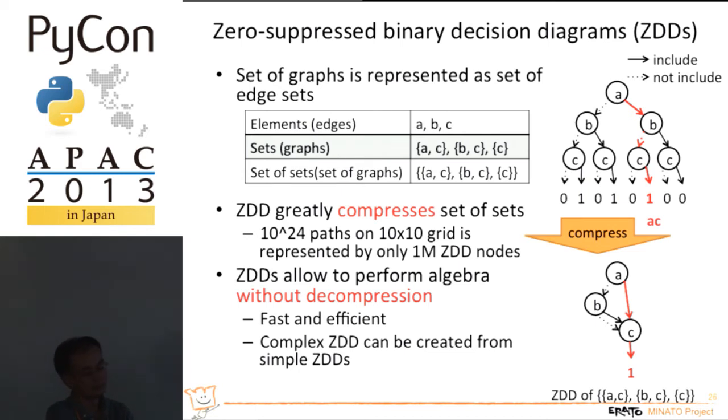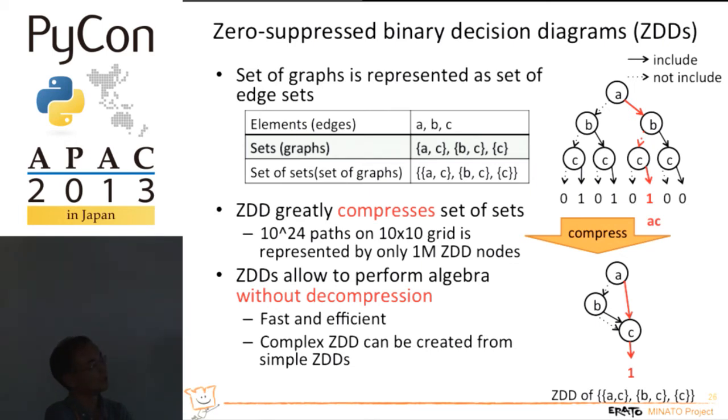A solid arrow indicates the element is included, and a dotted arrow represents the element is not included. For example, the red path means A is included, B is not included, and C is included. And so the red path represents the set AC.